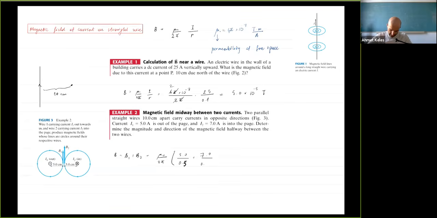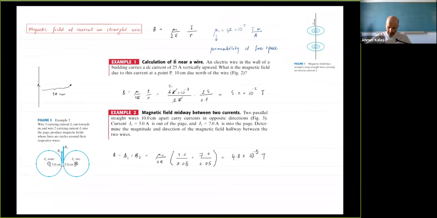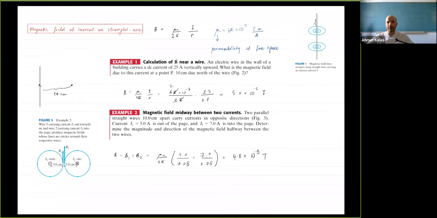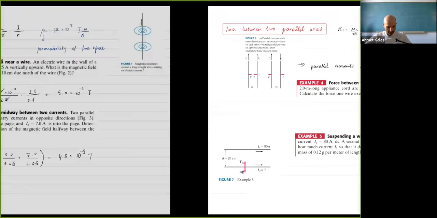Their separation is 1, so this is 0.5. So then this thing is going to be something like 4.8 times 10 to the minus 5 Tesla. Is that correct? I guess I'm also warming up. Good, thank you. Okay, let me move on.